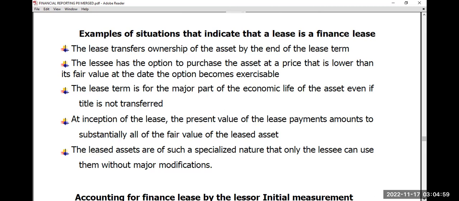If that amount is equal to the amount that the asset can fetch in the market if it is sold, which is one of the indications that we have a finance lease.